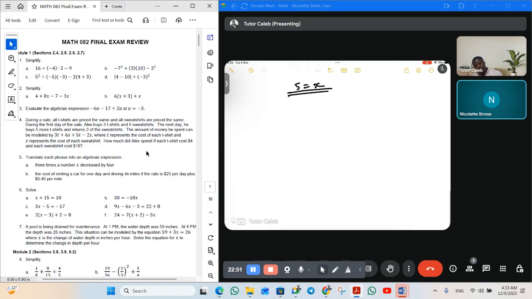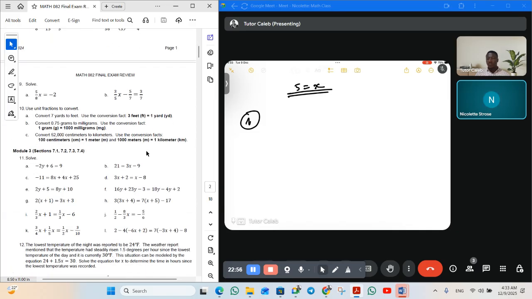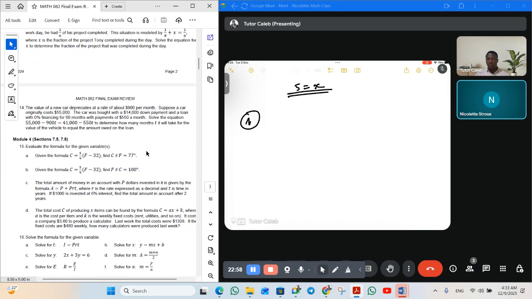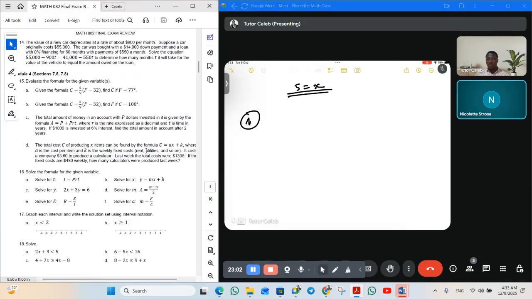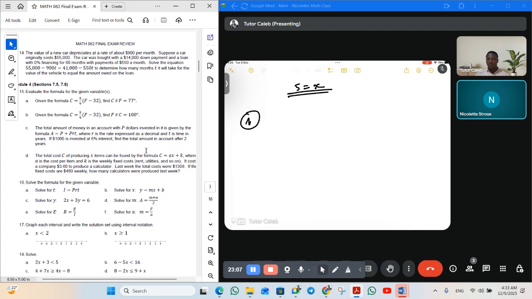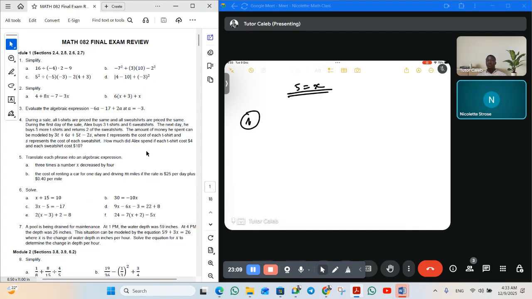Okay. 16 divided by -4, 2 minus 9. You can just put that on the calculator, correct?